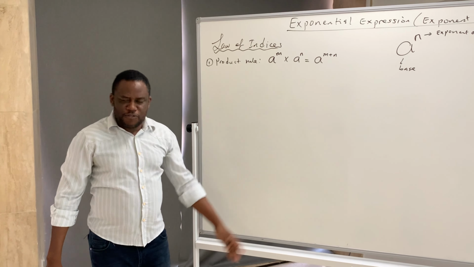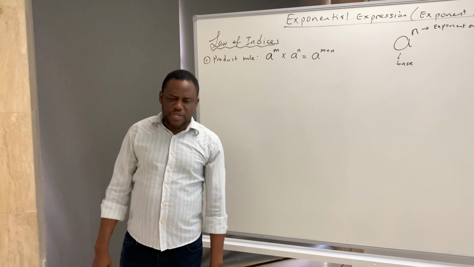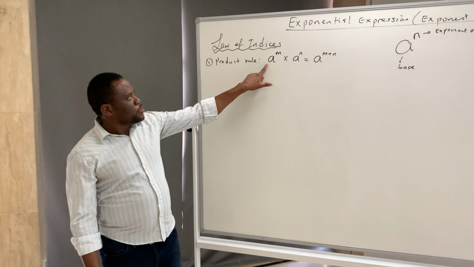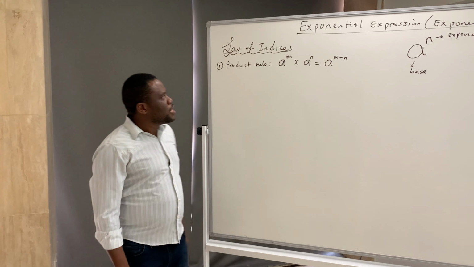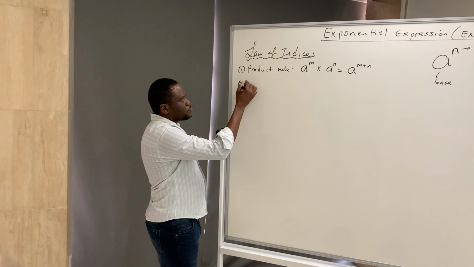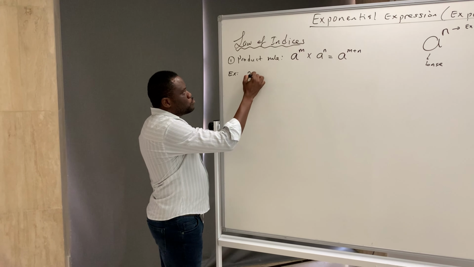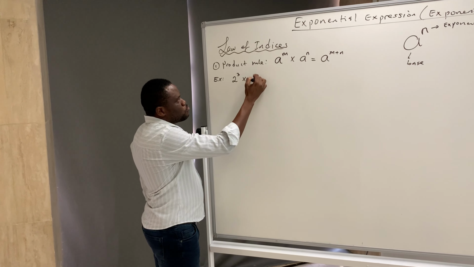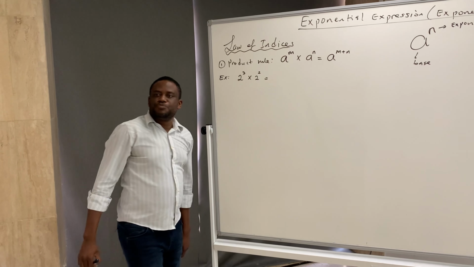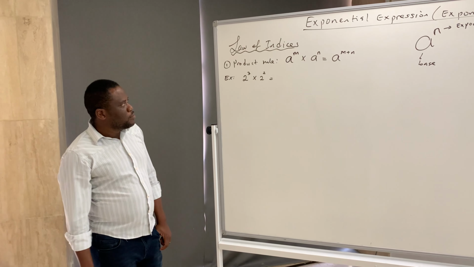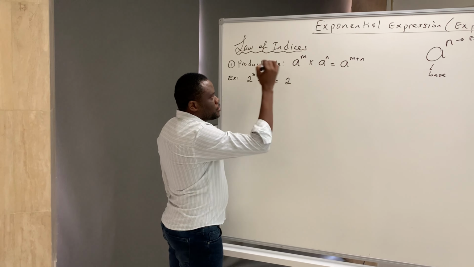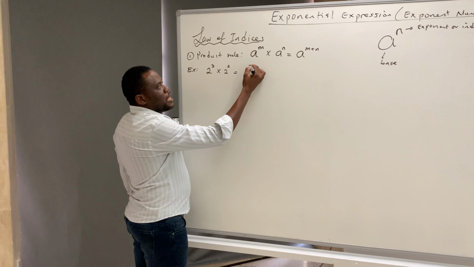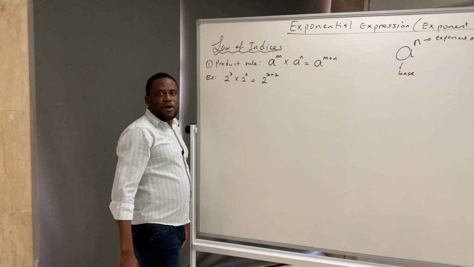Of course, there's a proof of all this, but I don't want to bother you too much on that. The base must be common. If it's not common, you cannot take it. Let's say, for example, 2 to the power of 3 times 2 to the power of 2. What the law says: 2 is common, take one 2, and then add the powers.